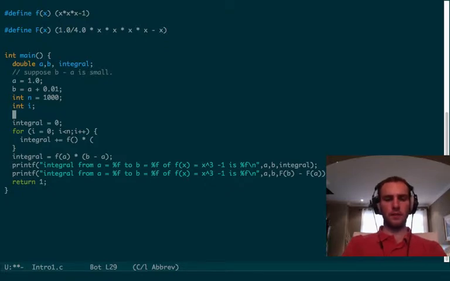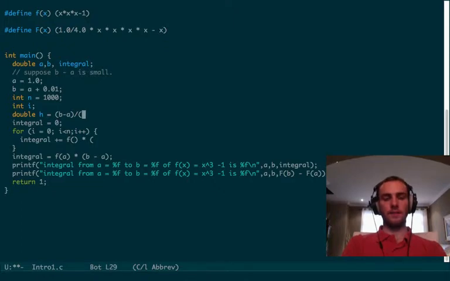But actually, let's make a name for that. So double h. h is going to be the size of each subinterval. So it starts with b minus a, right?